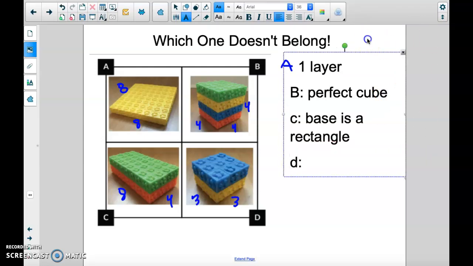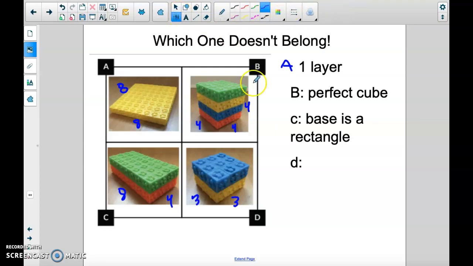Now D, I'm assuming some of us picked D because the volume is different. The volume of this shape is 18. It's a 3 by 3 by 2. So there's 9 blocks in the first layer and there's 2 layers, so 9, 18. 8 by 8, well that's 64. 4 times 4 is 16, times 4 is 64, right?